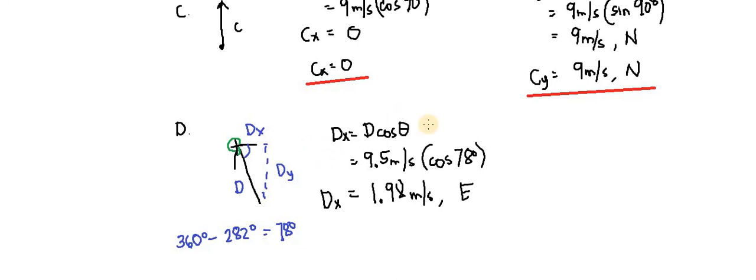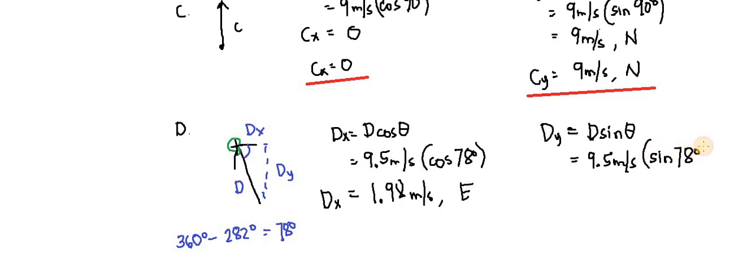For our D sub Y, we have here D sub Y is equal to D sine of theta. And our D is 9.5 meter per second multiplied by sine 78 degrees.